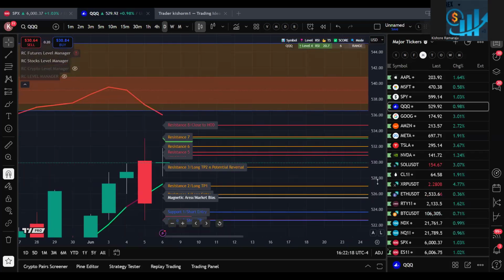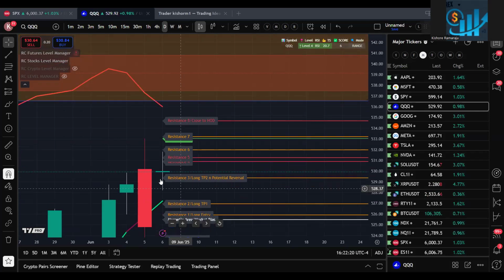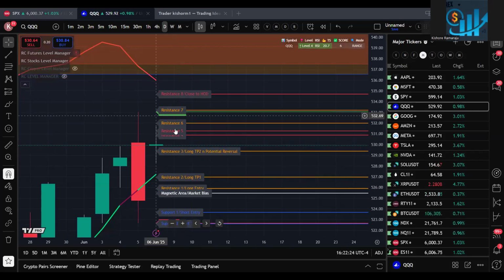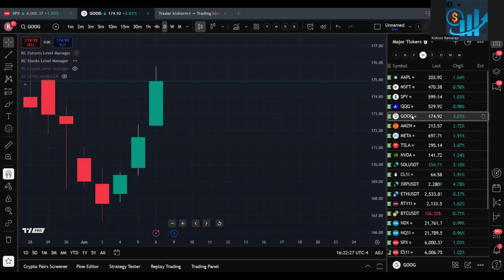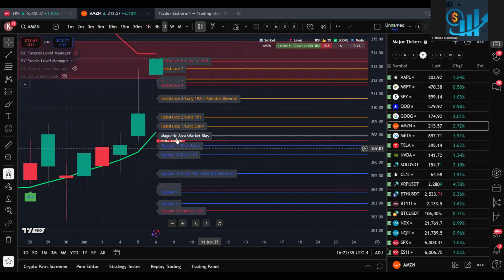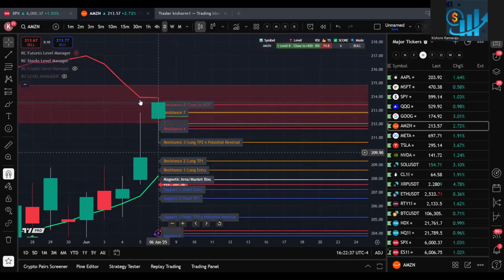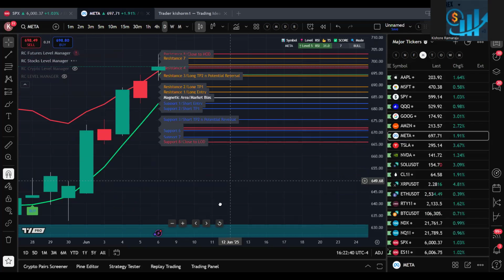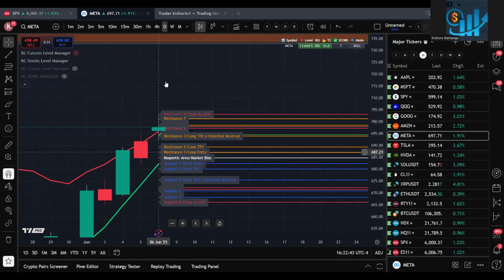QQQ overall is a doji, but still it is overall bullish. Google is above the magnetic area, so still bullish. Amazon above the magnetic area, bullish. Meta above the magnetic area, bullish.